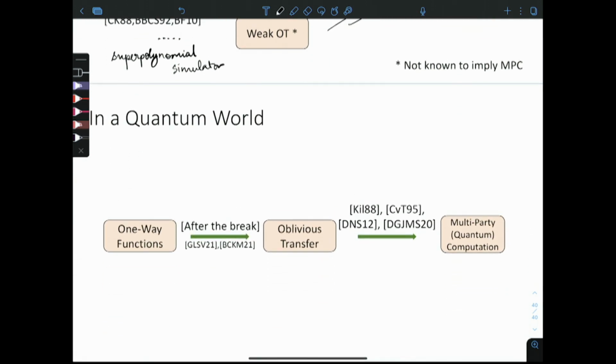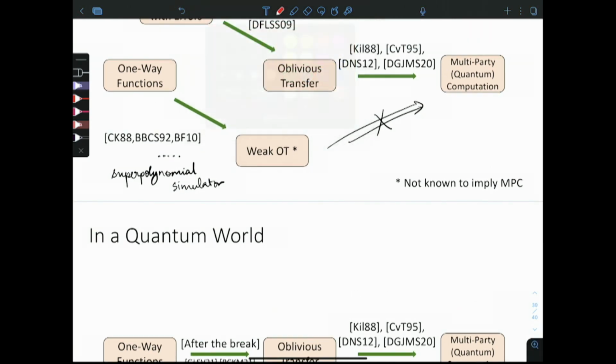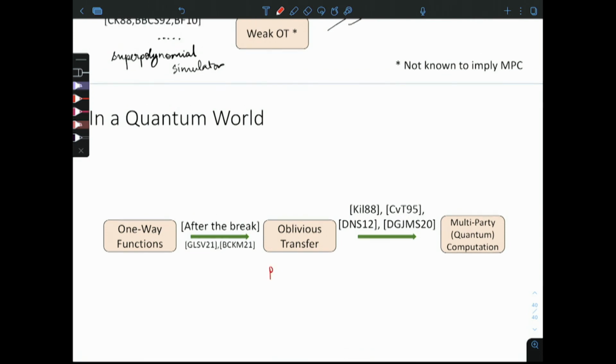And so after the break, we're going to look at how to use one-way functions to close this gap here and build oblivious transfer with polynomial time simulators, standard security guarantees, only assuming the existence of one-way functions.